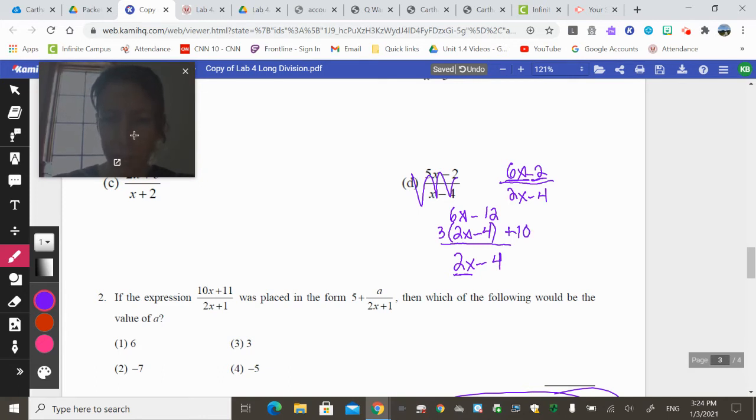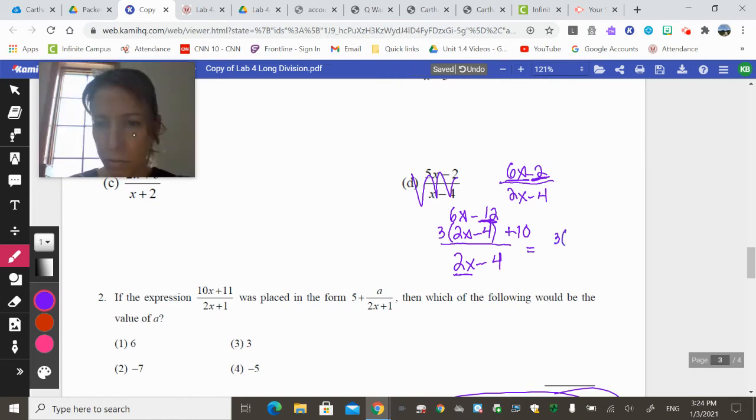Okay, so if I just keep it distributed, it helps me to see what I have to do to this to get to this. All right, so again, I can rewrite this. I can separate it. I have 3 2x minus 4s over 2x minus 4.